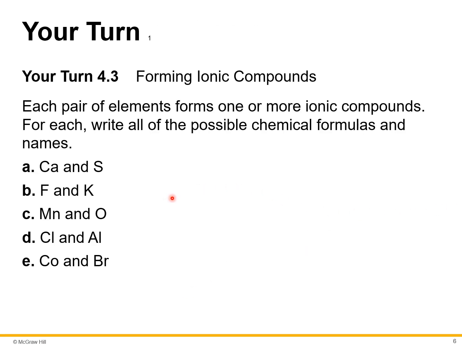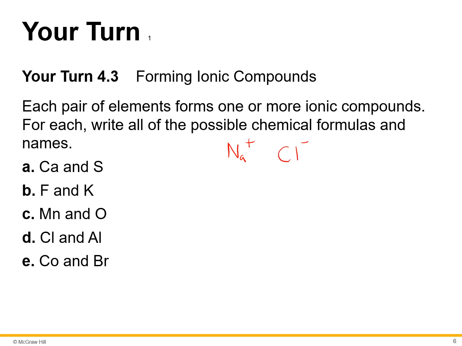The question is asking us, and I won't ask you to pause because we haven't talked about this, but the way you do it is you use a crisscrossing method. What do I mean? For instance, sodium, which is Na+. We know that because it's a group 1A element. We know Cl is minus.